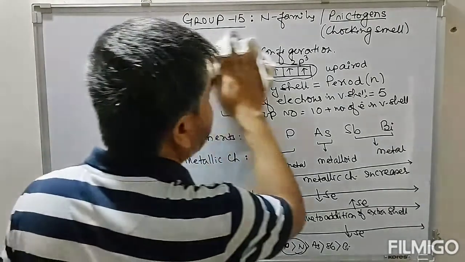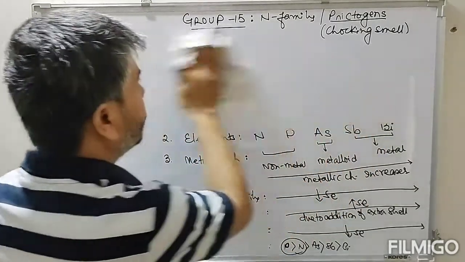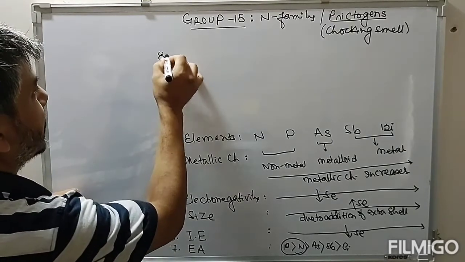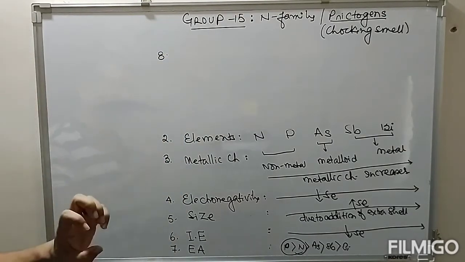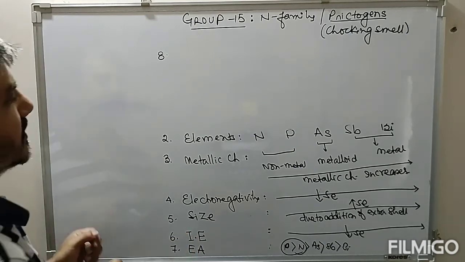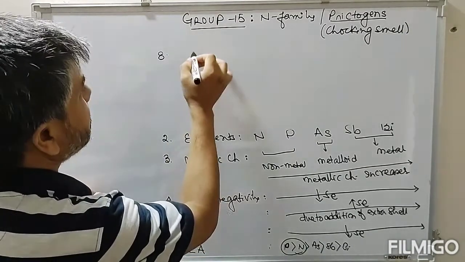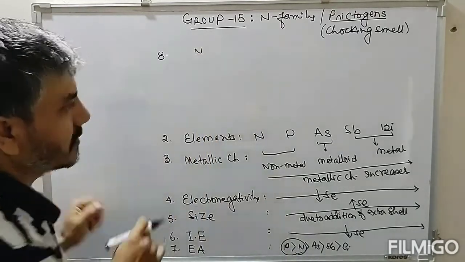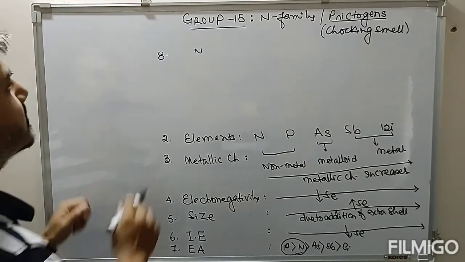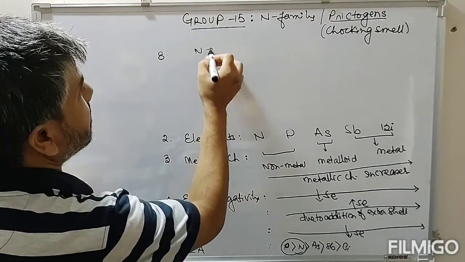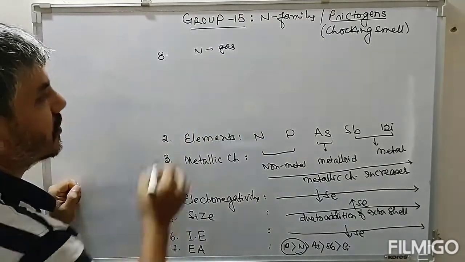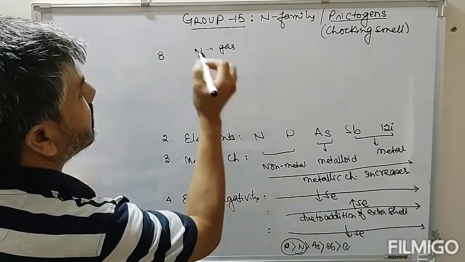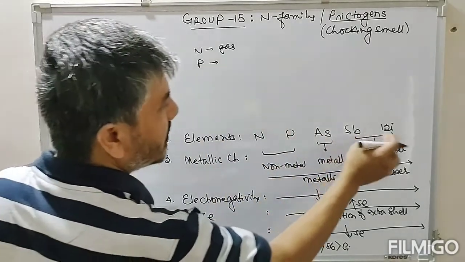Now, the next property of these elements, that is the physical state of these elements. Nitrogen physical state, nitrogen is a gas. Phosphorus, arsenic, antimony, bismuth.